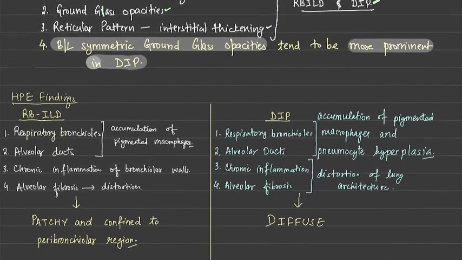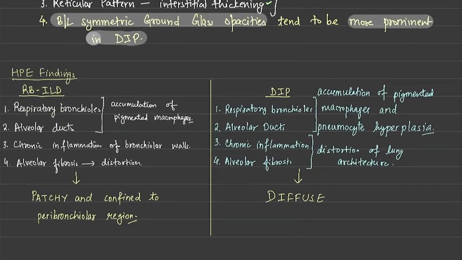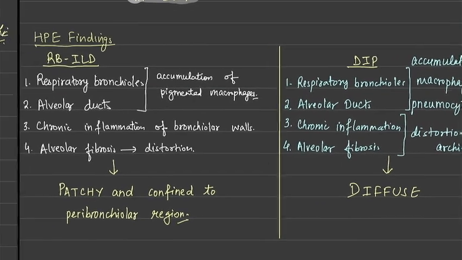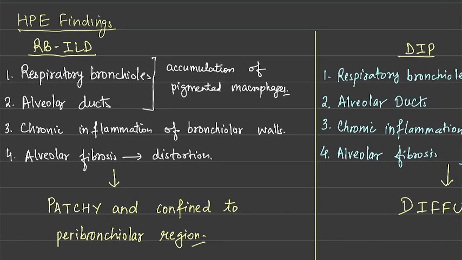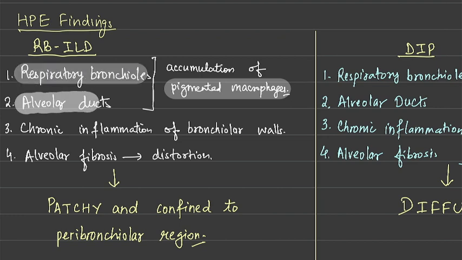What are the histopathological findings? See, we have to differentiate between RB-ILD and DIP, and this is done on the basis of histopathology. What you will see on HPE in respiratory bronchiolitis, you will see that there is accumulation of pigmented macrophages, right? Where? In the respiratory bronchioles and in the alveolar ducts.